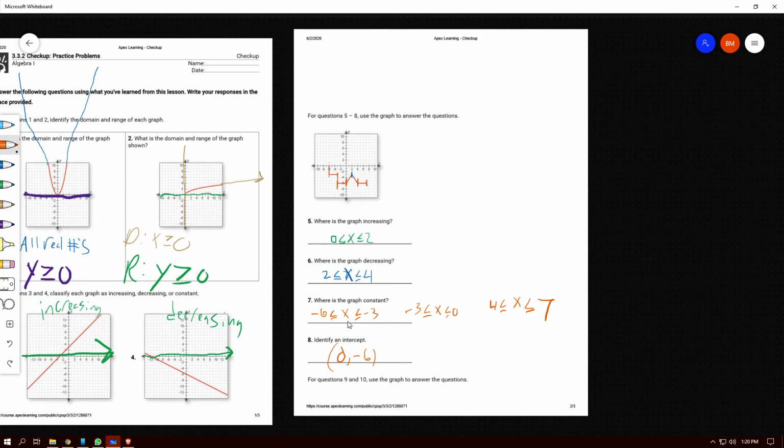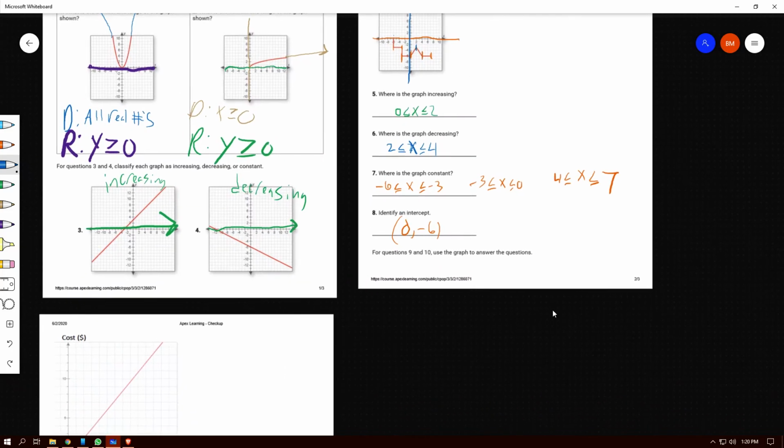So when they're talking about an intercept, they're talking about where it crosses either the x-axis, which is right there, or the y-axis, which is right there. So anywhere it crosses the x-axis or the y-axis, it would be called an intercept. So for this graph, identify a single intercept. It crosses the y-axis at 0, -6.